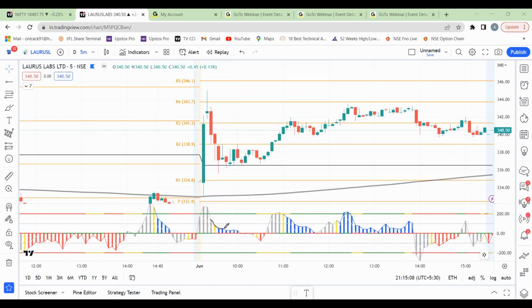Now what is Woodies telling us? Woodies has gone down below zero. Now we have to wait for this to come up. Here it comes up. This is a signal which Woodies is giving for buy. Where is the entry point here?